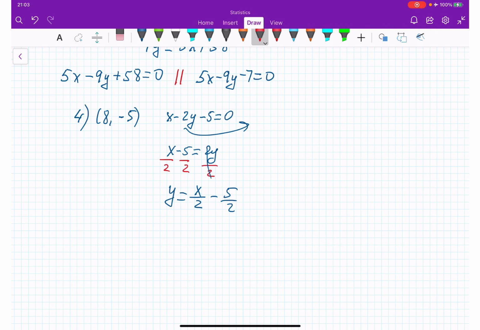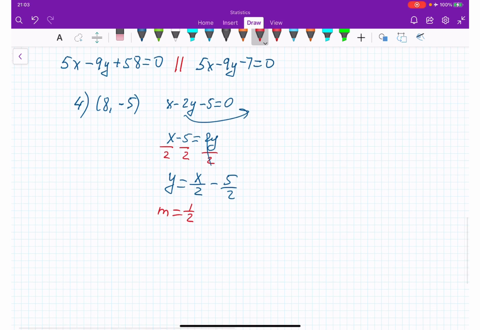So this is slope-intercept. My slope is how much? My slope is 1/2, right? x over 2 is 1/2 of x. Since we need to write down the equation of the line that is running perpendicular, my new slope is going to be m equal to negative 2 over 1, which is negative 2. Negative reciprocal: we flip it and take the opposite sign.